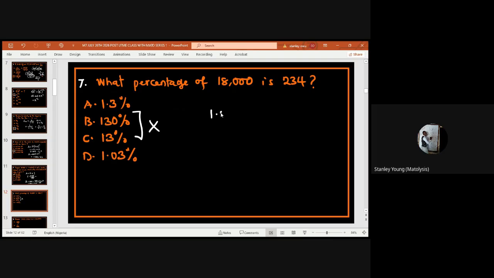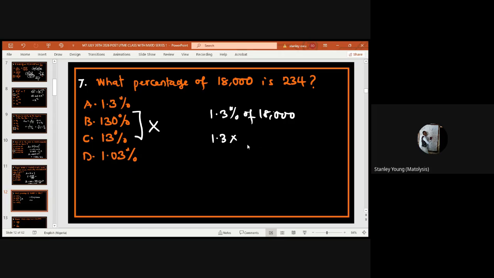So why not just do 1.3% of 18,000? This means 1.3 times 18,000 over 100, and that 100 would cancel out 2 zeros. As a candidate in exam, do this thing as fast as possible.